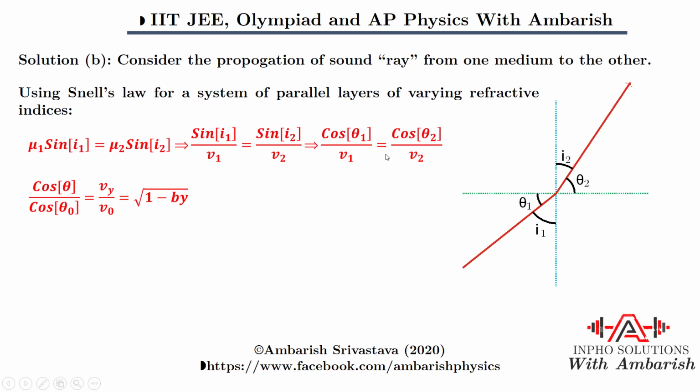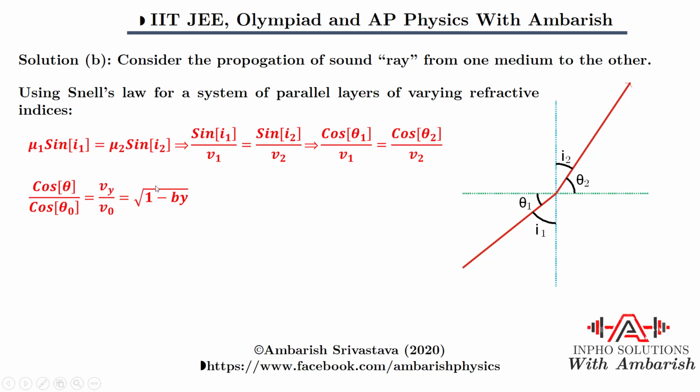Now initially the angle is theta naught, and we want it at a general y. So we can say cos theta upon cos theta naught, where theta is the angle at a general y and theta naught is the angle at the start, is Vy by V0, and Vy we just found in the previous part, so we substitute for it.